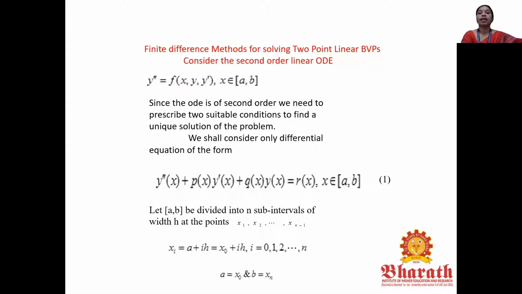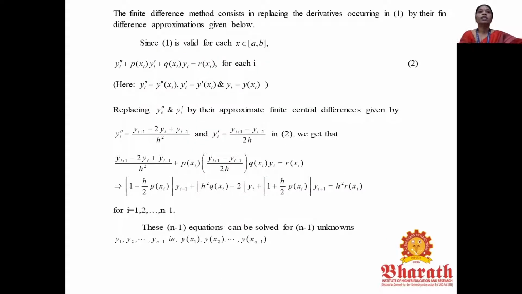So as we have divided the interval into x0, x1, etc., to xn, the first point is taken as x0 and the final value is taken as xn. So the finite difference method consists in replacing the derivatives occurring in the equation by the difference approximations given below.